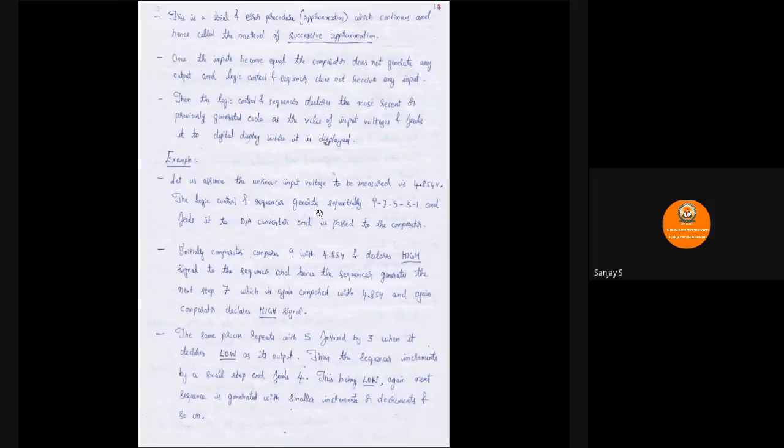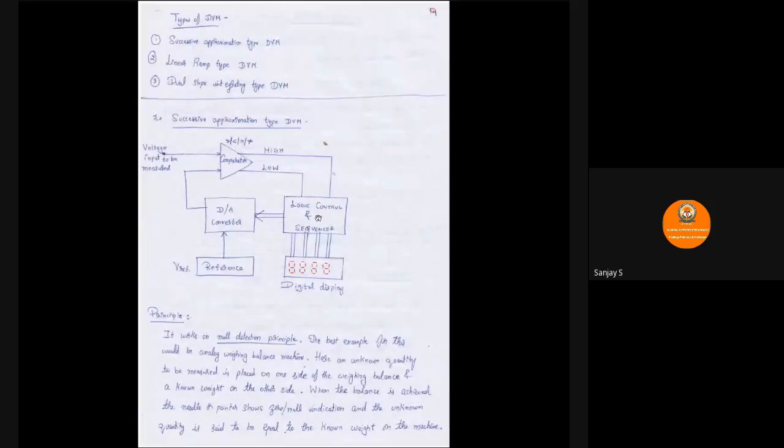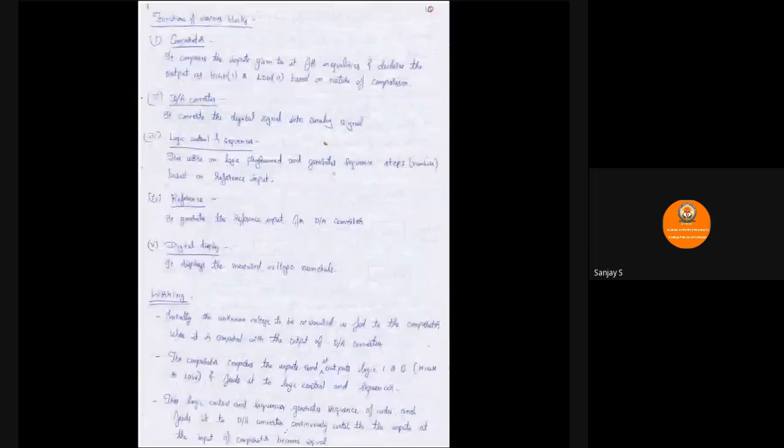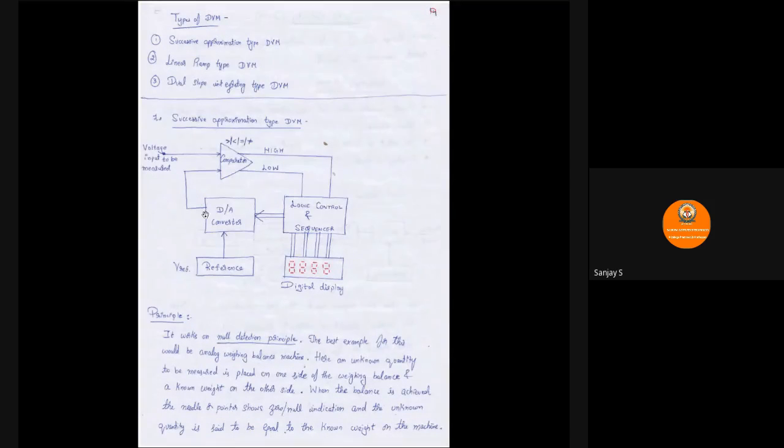Then the D2A converter will generate the next sequence. The comparator compares the inputs and outputs logic 1 or 0, high or low, and the logic control and sequencer updates the sequence. Whenever the two inputs are unequal, it updates the sequence and feeds it to the comparator, and this cycle continues until the two inputs are equal.